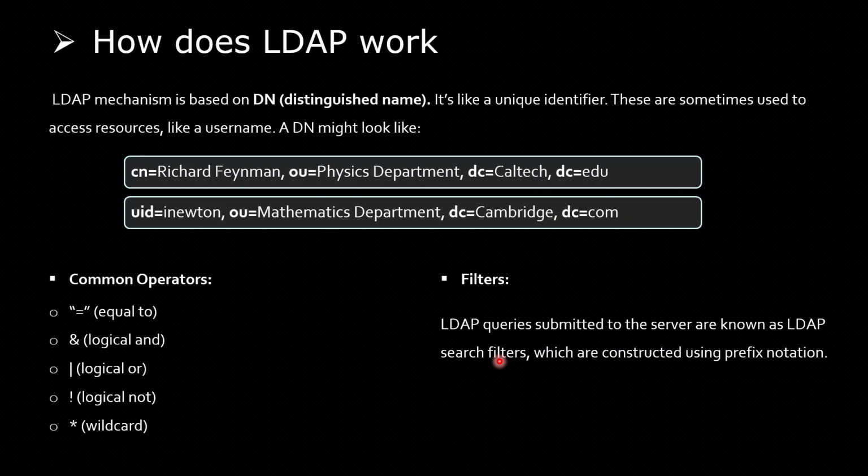You can call it a filter, a search filter, or a query. Technically the correct term is LDAP search filter, and these are constructed using prefix notation with some operators. In an LDAP filter, double equal means equal to, this means logical and, this means logical or, this means logical not, and star means wildcard, which means any. So these are the common operators used in a search filter.